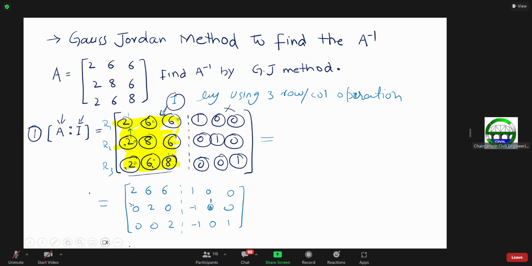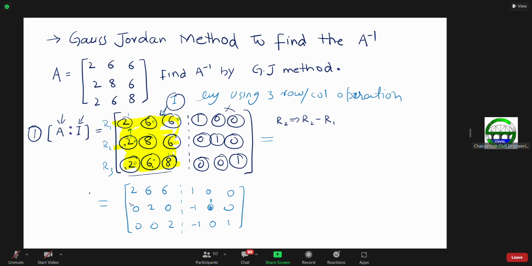How can you make 0? In my mind, I say if I make an operation like R2 equals R2 minus R1.